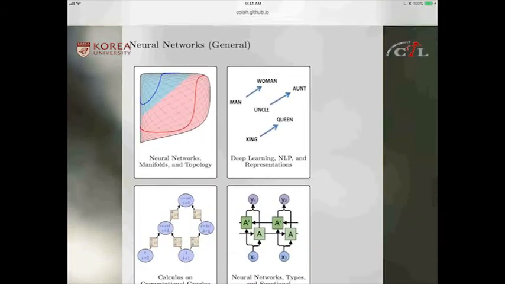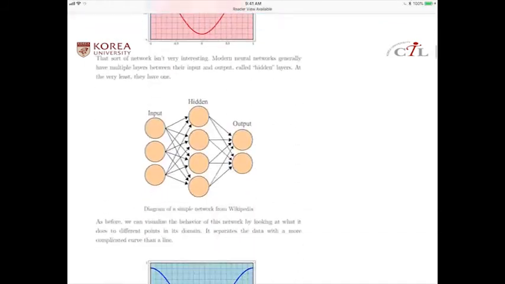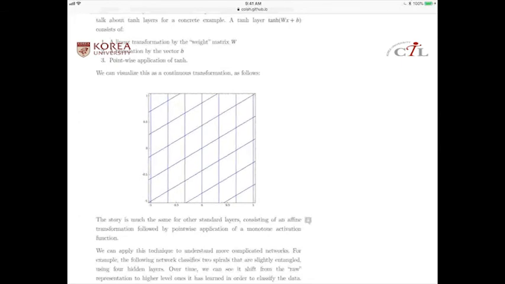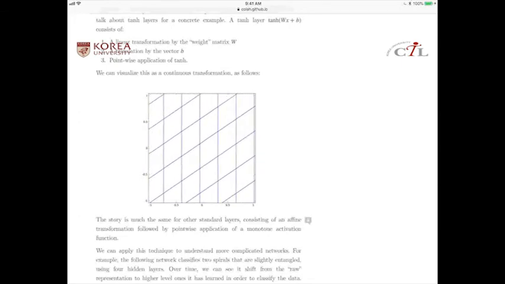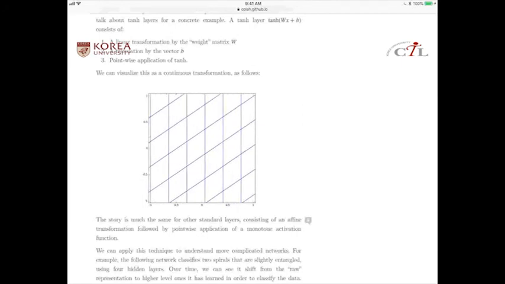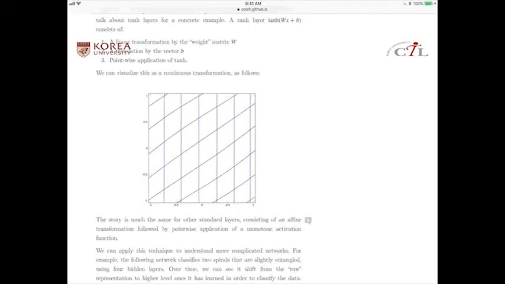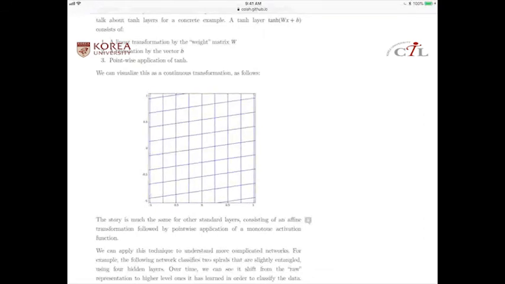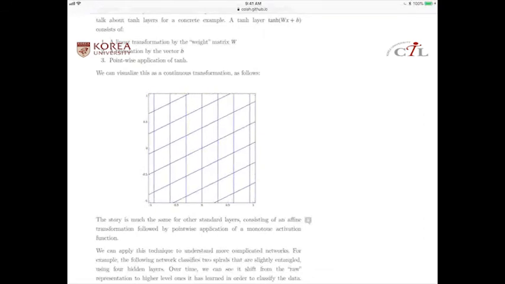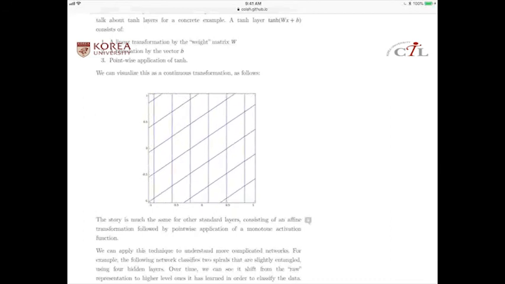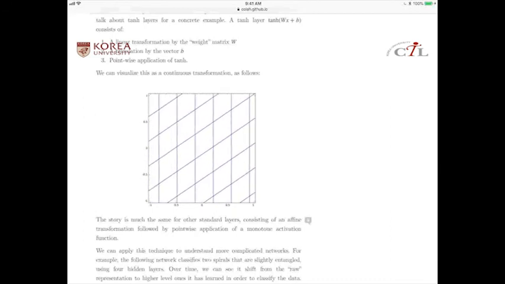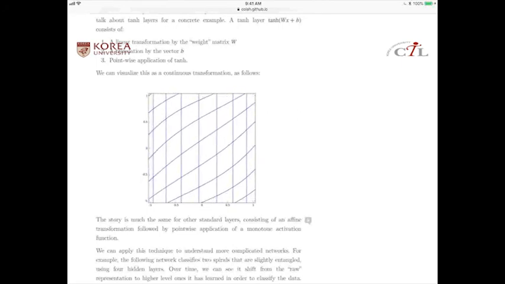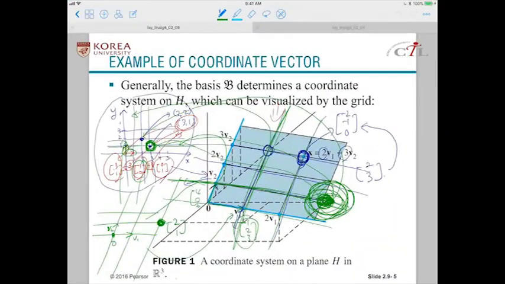Among the articles, there is a figure like this. Although this one is showing some transformation made in a single neural network layer, in the fully connected layer, you can also think of this as a kind of coordinate system change.